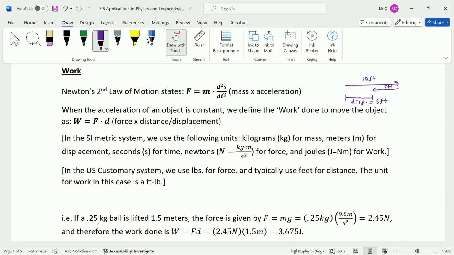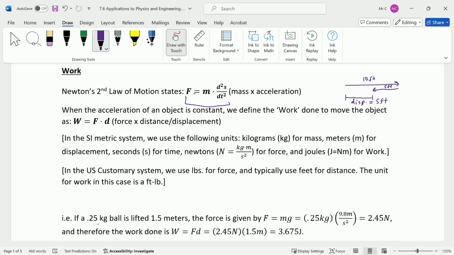All right, so in the SI metric system, we use the following units: kilograms for mass, meters for displacement, seconds for time, newtons for force, and joules for work. Kilograms times meters divided by seconds squared is our newtons, which should make sense when we look at our force formula.